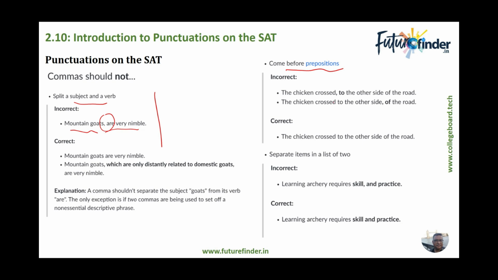The chicken crossed to the other side of the road. No, we don't use a comma before a prepositional phrase. The correct one is the chicken crossed to the other side of the road. And separate a list of two. This one we are going to see in detail when we do the comma rules.